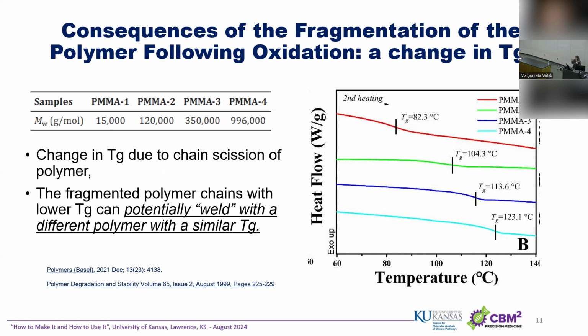Shorter polymer chains have lower glass transition temperature, longer ones much higher. So if you think of basically creating the scission on the top monolayer, or very top layer, again, you have to take this into consideration and maybe use this to your benefit.